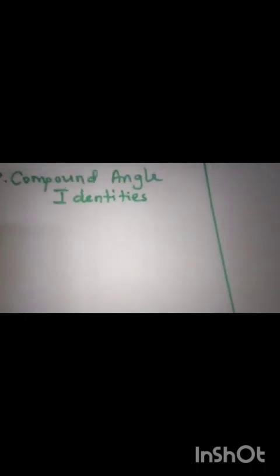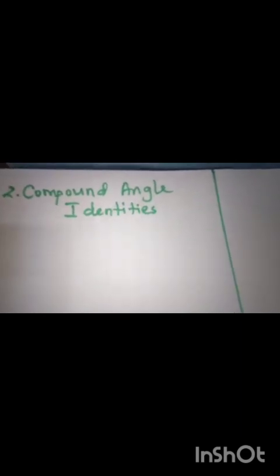Next, we'll look at another identity. The next set of identities that we'll be looking at are compound angle identities.